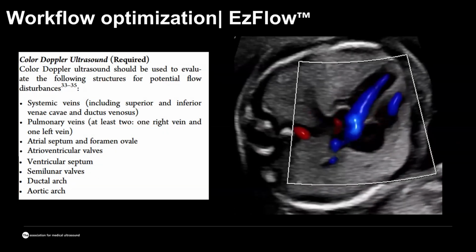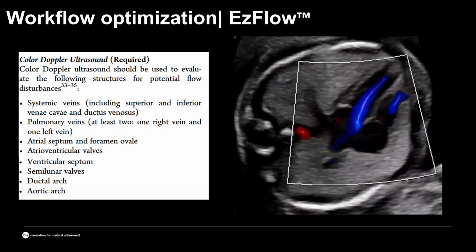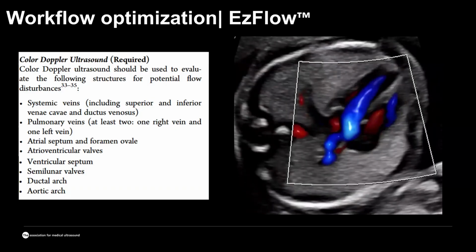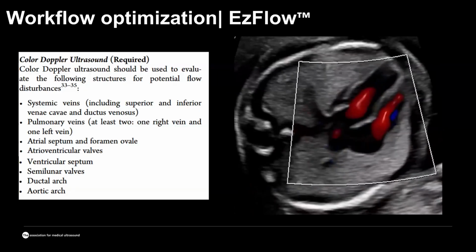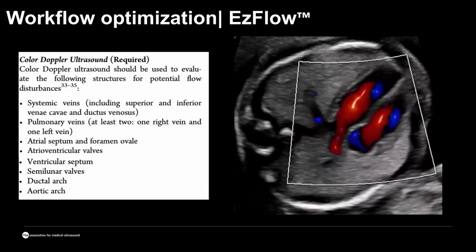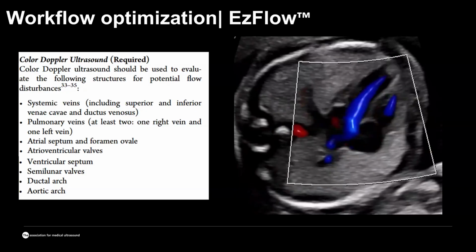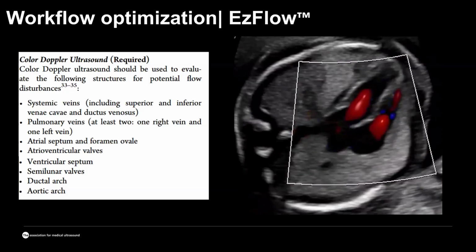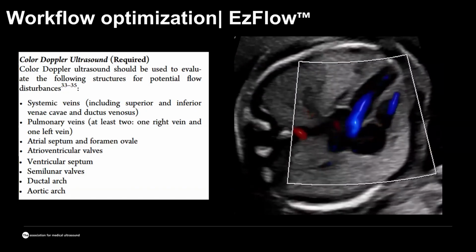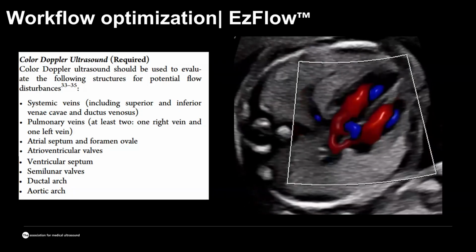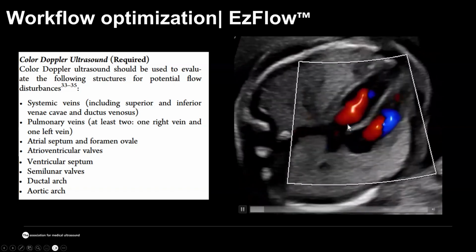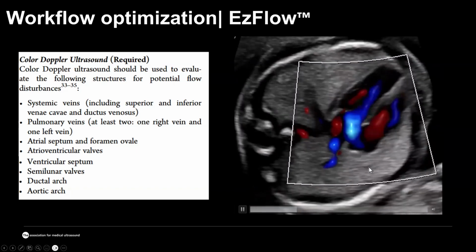So what do we need to look at using color Doppler? Here you can see the main anatomical landmarks and the areas that should be evaluated using color Doppler within the fetal echocardiogram. But what I would like to highlight the most is that different presets are required for assessment of, for example, intracardiac flow and the pulmonary veins.